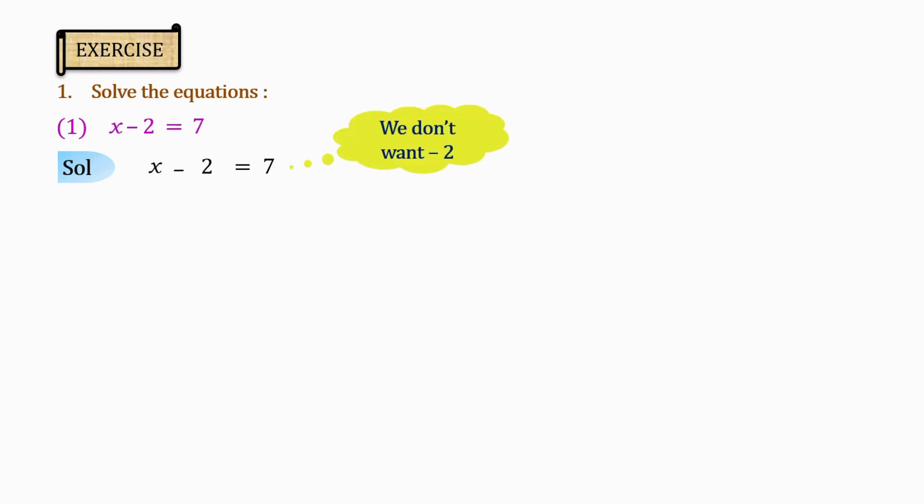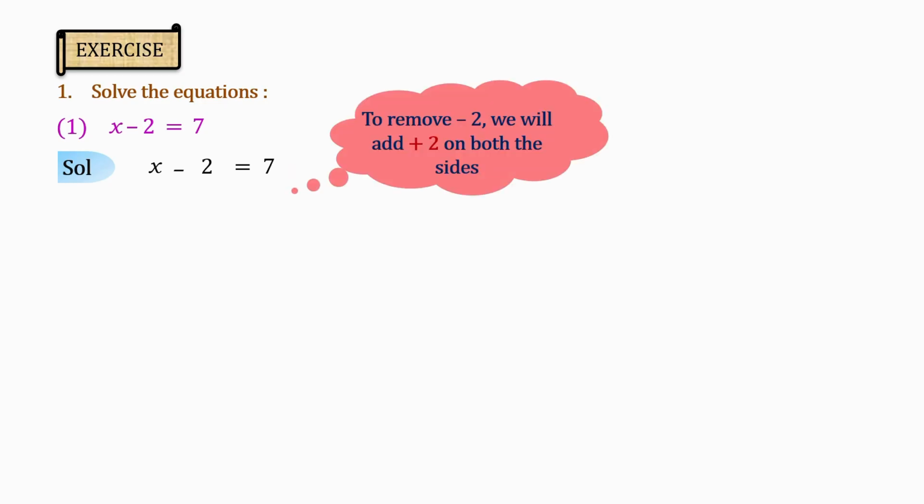We don't want this minus 2 on the left hand side. So to remove minus 2, we will add plus 2 on both the sides, because we know that if a number is there and we add the additive inverse of it, that becomes 0.